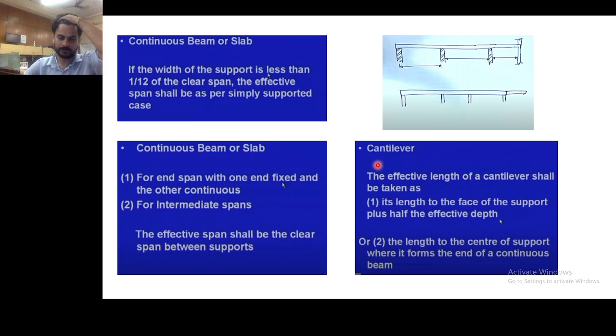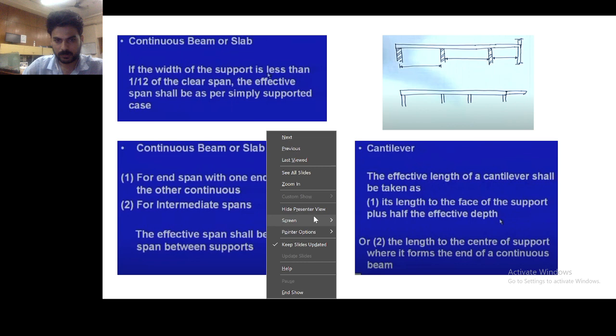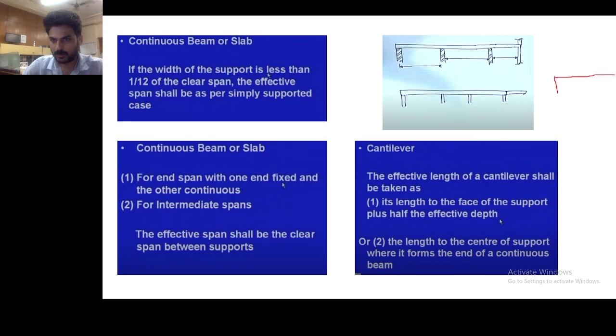Cantilever. The effective length of a cantilever shall be taken as its length to the face of the support plus half the effective depth. Let me draw. Let's say this is a cantilever.